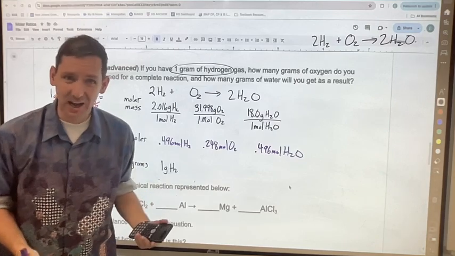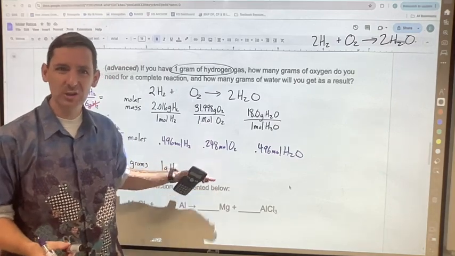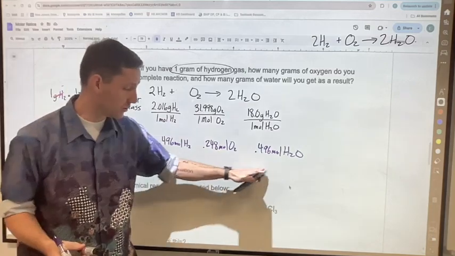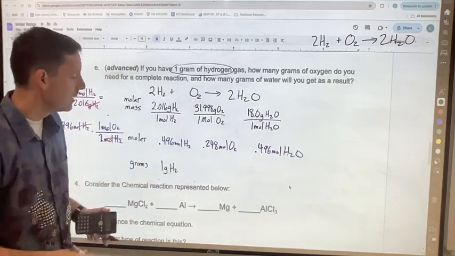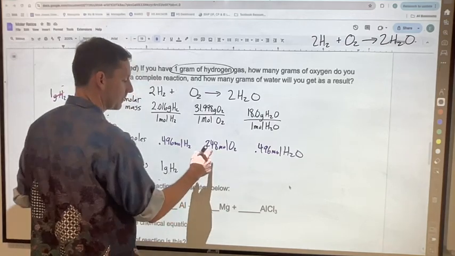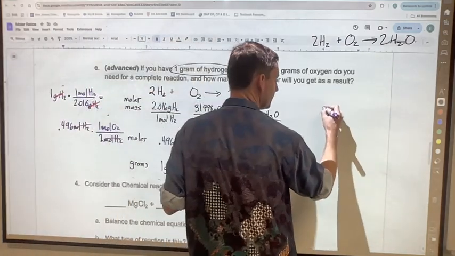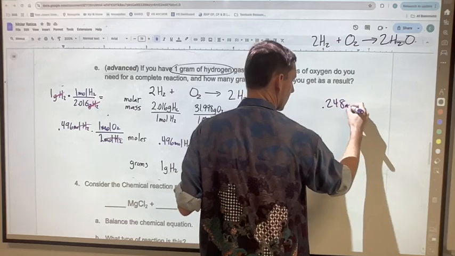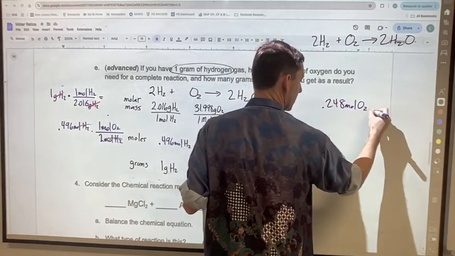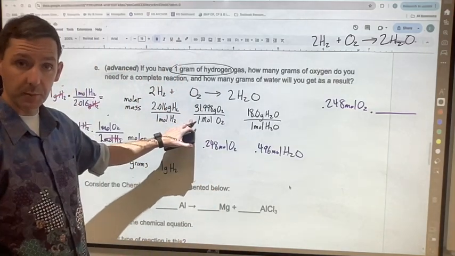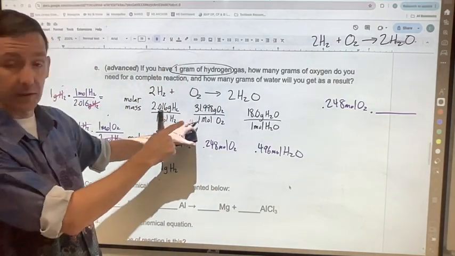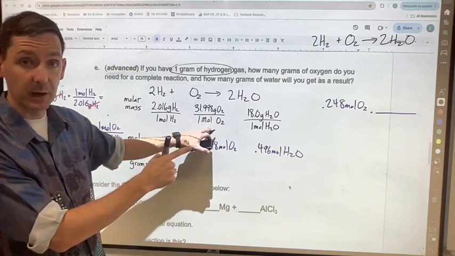So to finish, I just need to go back from moles to grams, and then I should be able to finish up my table. I should be able to answer the rest of the question. And so therefore, I can take 0.248 moles of O2, I'm going to use my molar mass that I wrote down before. I do want the moles of O2 to cancel out, so it's on the bottom there.